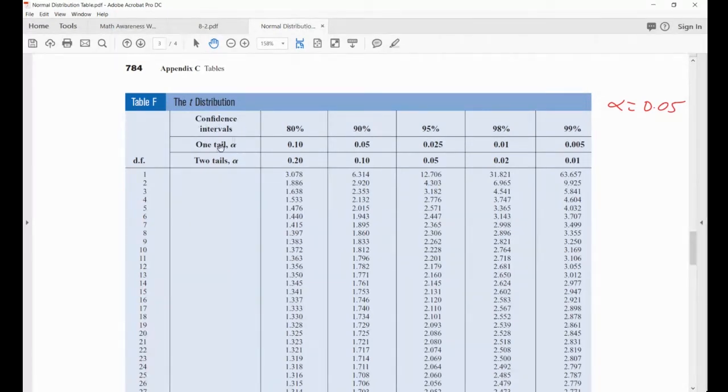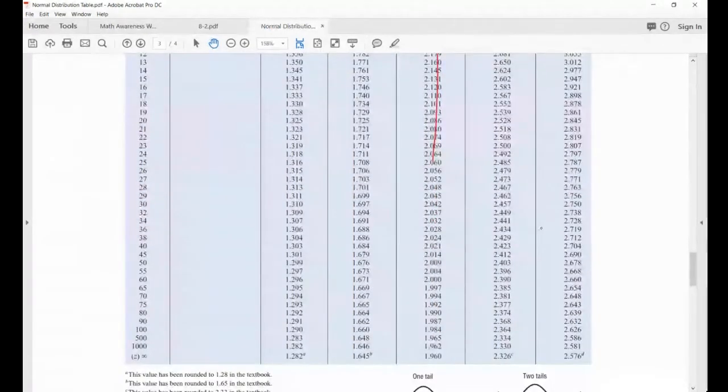Where it says one tail or where it says two tail alpha. How is the test? A one tail test or a two tail test? It's a two tail test, so we need to find 0.05 in this row for two tail test. So this is alpha, 0.05, and now the last row is what?